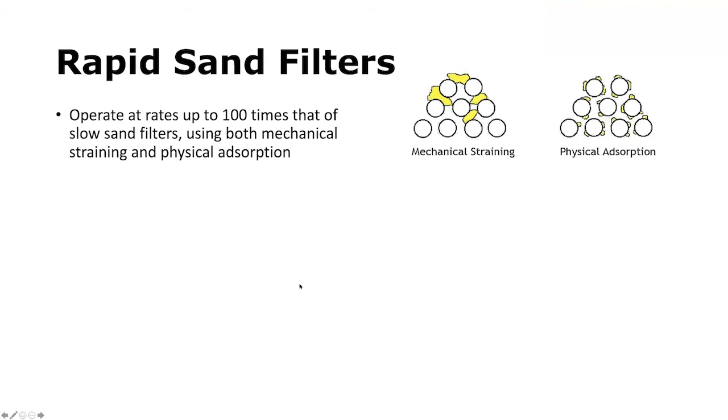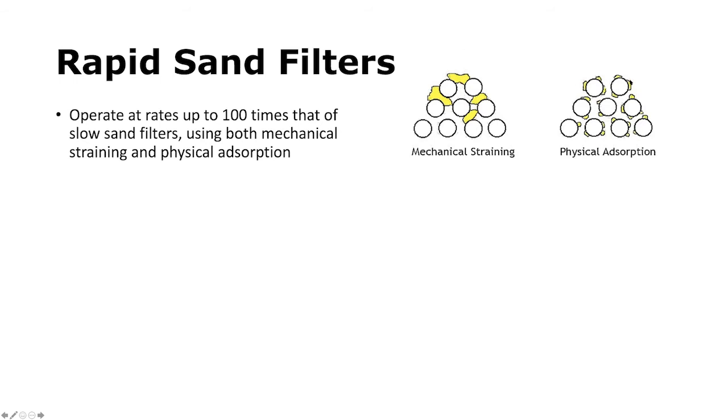Rapid sand filters operate at rates up to 100 times that of slow sand filters, using both mechanical straining and physical adsorption. So these are two different mechanisms by which dissolved, suspended, flocculated particles can be removed from rapid sand filters. Mechanical straining just means that the pore sizes between each of the grains, the sand grains or the gravel grains, would be too small for the larger flocs to fit through, so they would be physically or mechanically strained out.